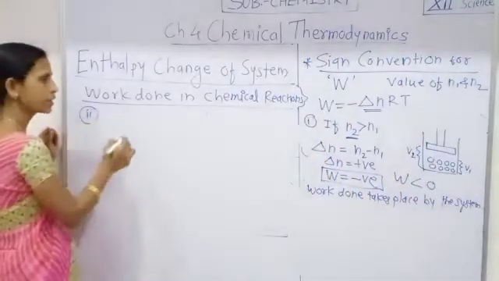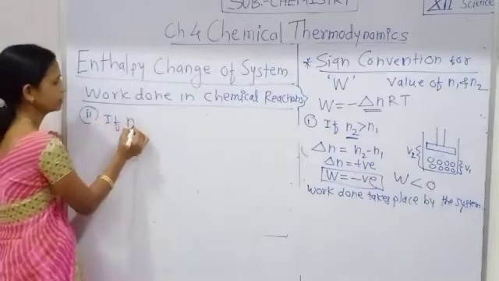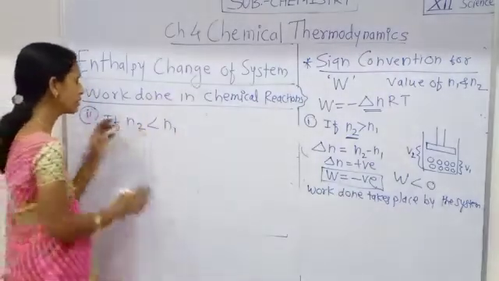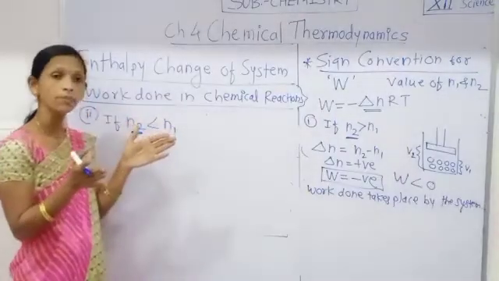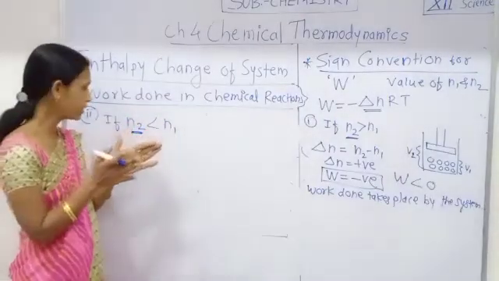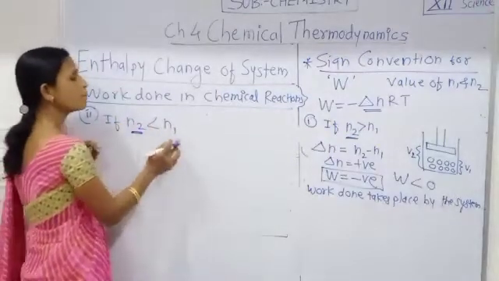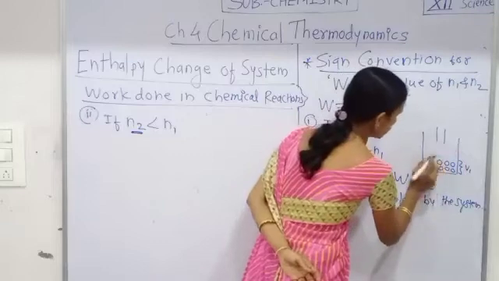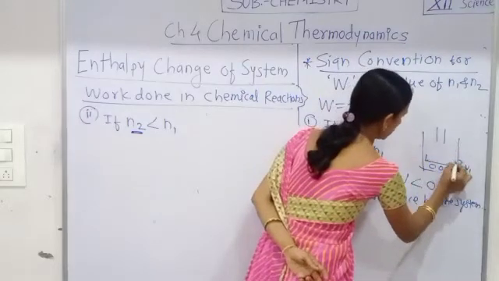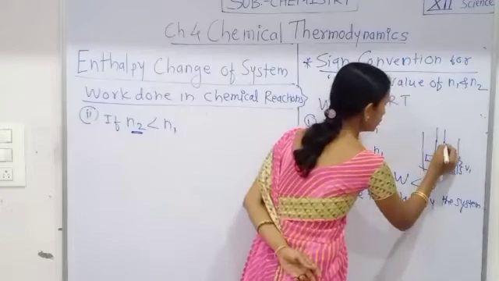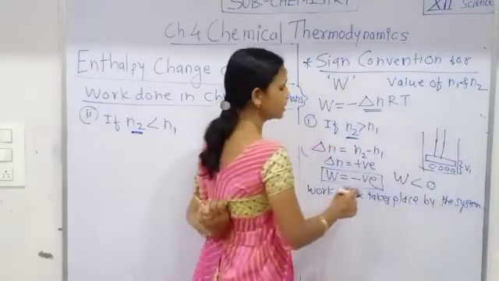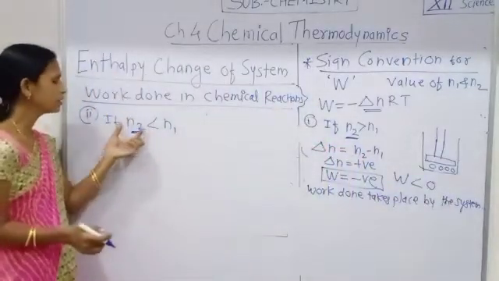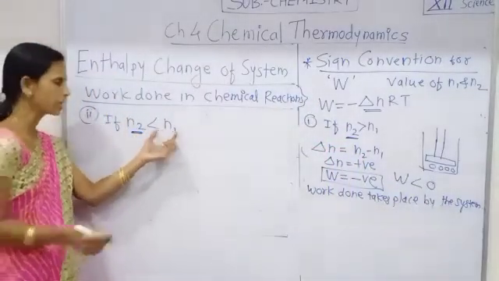In the second condition, if N2 is less than N1, then the volume of the system decreases, and therefore compression takes place and the piston moves downward. The number of moles of product is less than the number of moles of reactant.